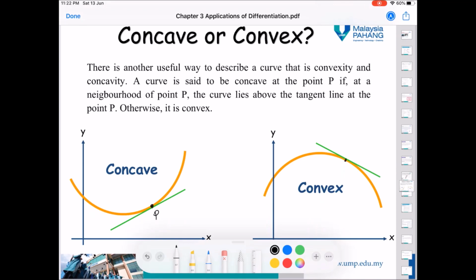So here the curve is above the tangent line. This is the tangent line. Meanwhile, for convex, the curve lies below the tangent line.